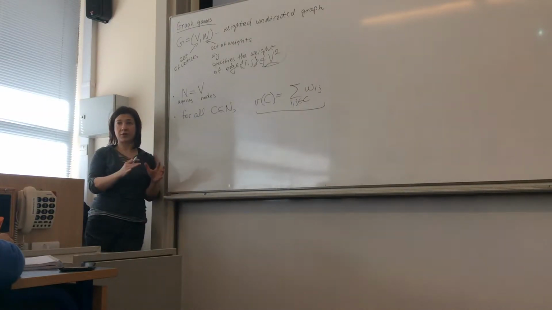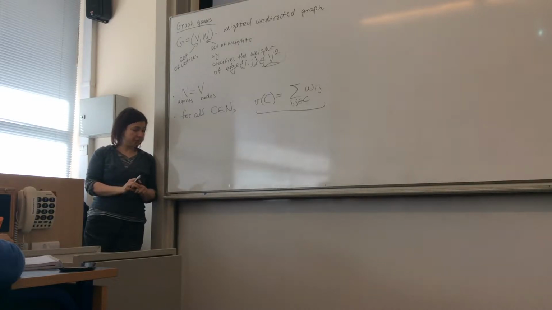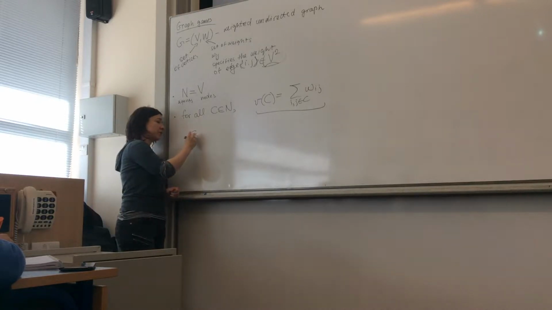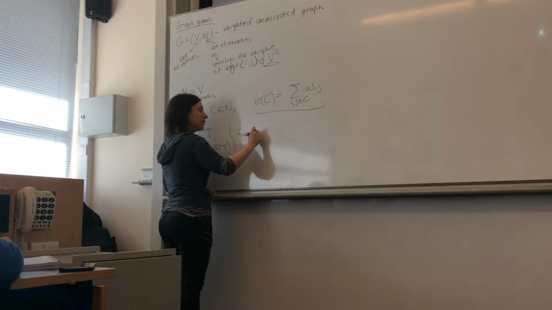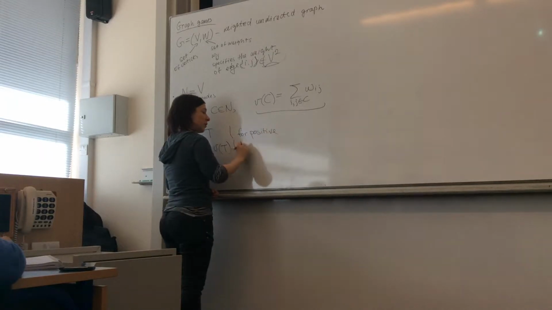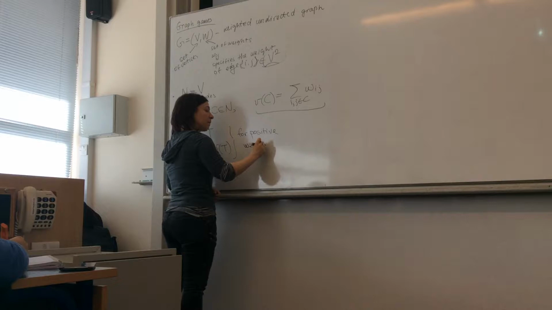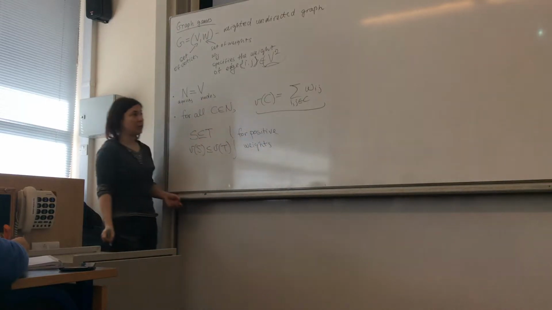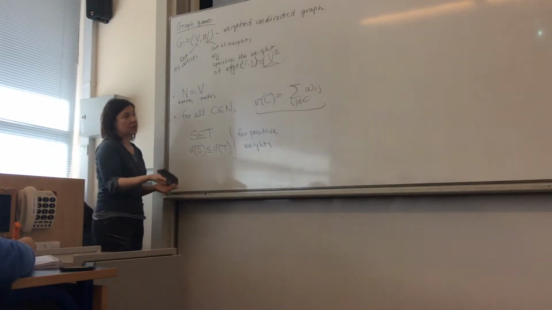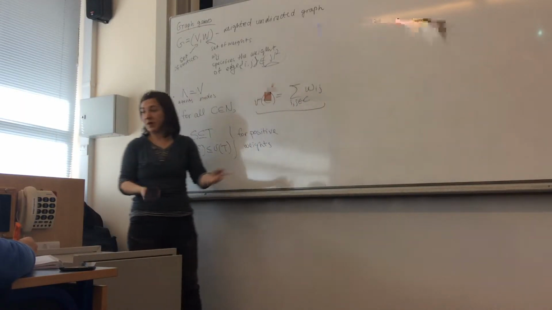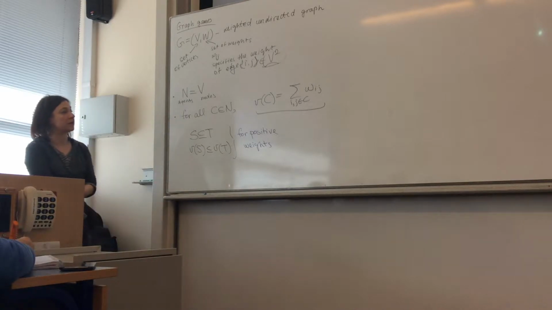That is, if we have S a subset of T, then the value of S is less than or equal to the value of T. But that's only for non-negative weights. With negative weights, the game doesn't have to be monotone, and that's also easy to see: add a negative number, so the total value can decrease.